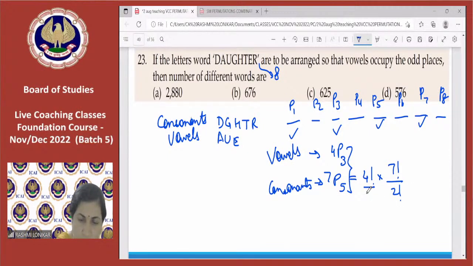This is 4 factorial upon 4 minus 3, that is 1 factorial. This is equal to 4 factorial into, this is going to simplify into 7 into 6 into 5.